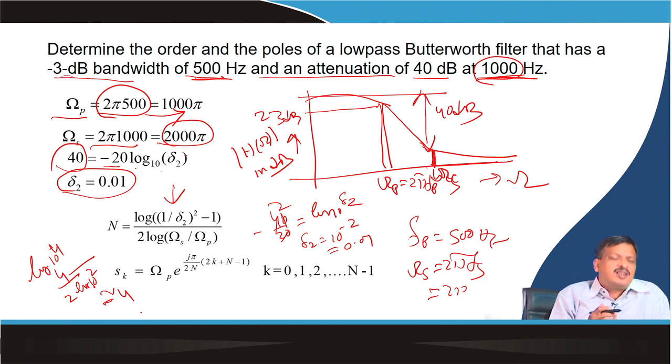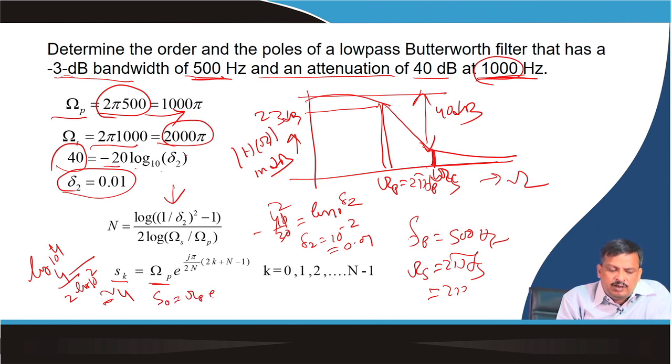Or 3, whatever is coming. So, n equal to 4. So, the order of the filter is 4. So, I can say S0 is equal to omega p e to the power j pi divided by 2, plus j pi by 4, 4 into 2 means pi by 8 into k, k equal to 0 to 4 minus 1.